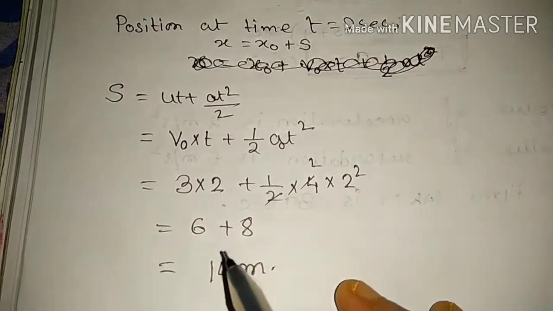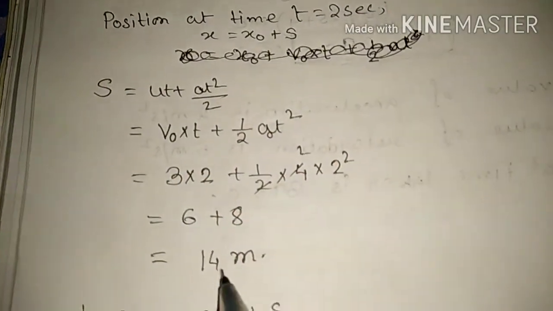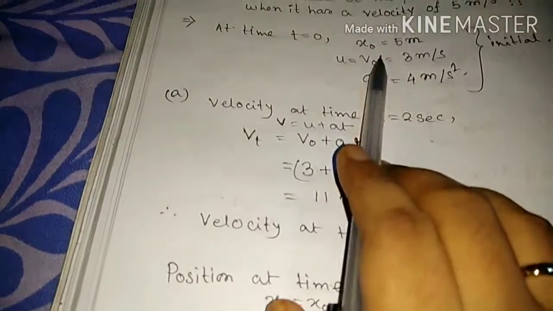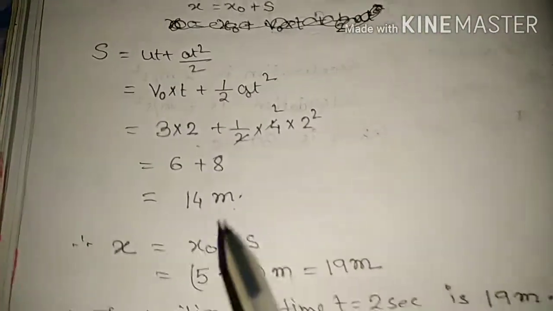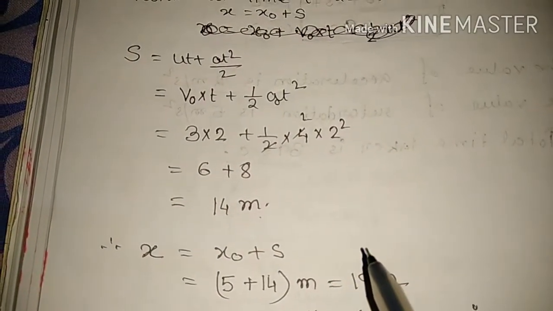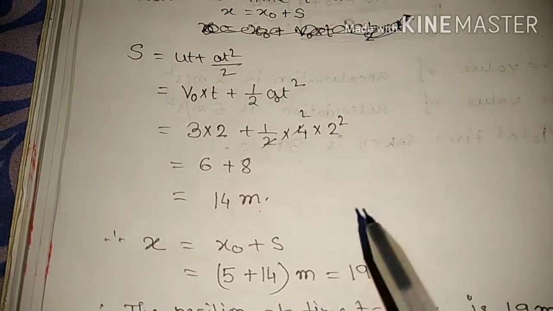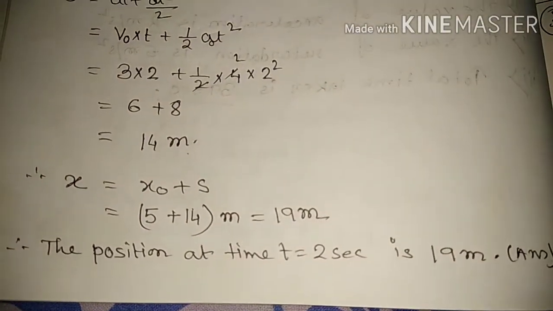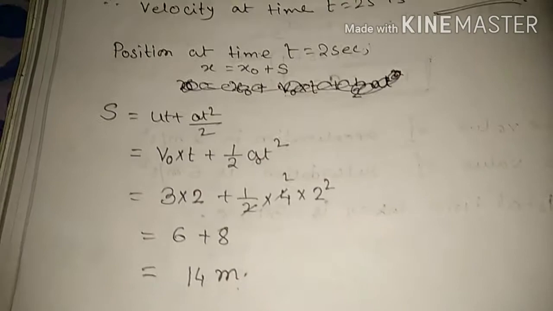Now putting the values, we have s equals 14 meter, and x0 is the initial position, that is 5 meter. So 14 plus 5 is 19 meter. This is the final position, the position at time t equals 2 seconds. Position at time t equals 2 seconds is 19 meter. Clear? Understood?